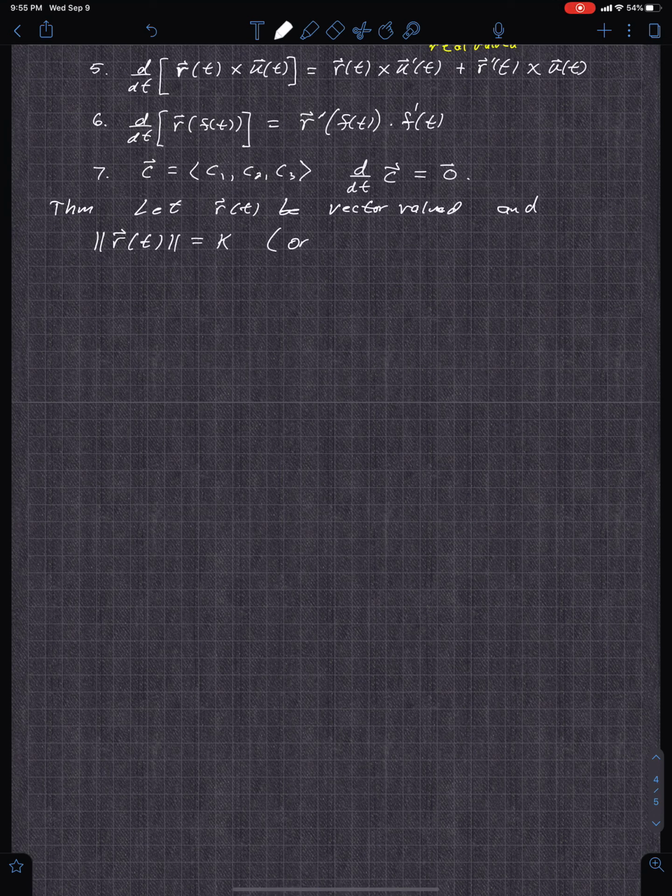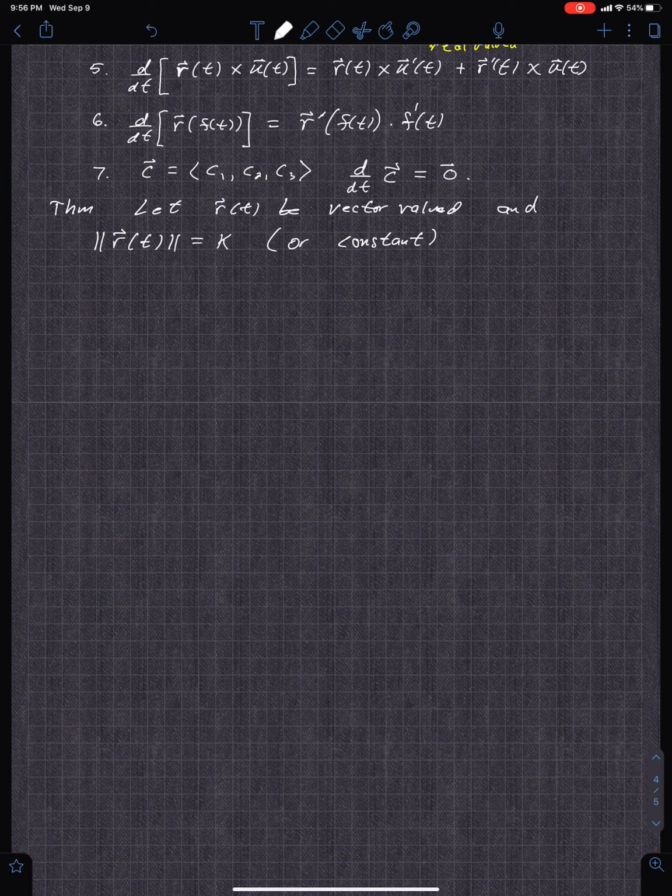Where we're heading with this is, suppose you take r of t and divide by its magnitude. Then it's always length 1, and we'll get into that later, but then it has a constant magnitude. It doesn't have to be 1, but this theorem says it's a constant.